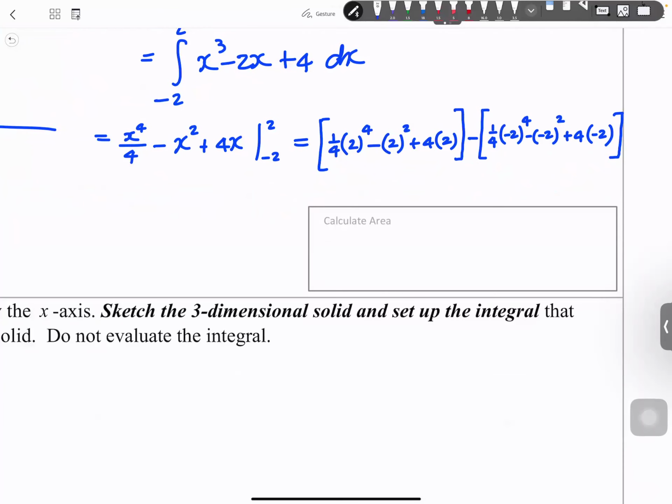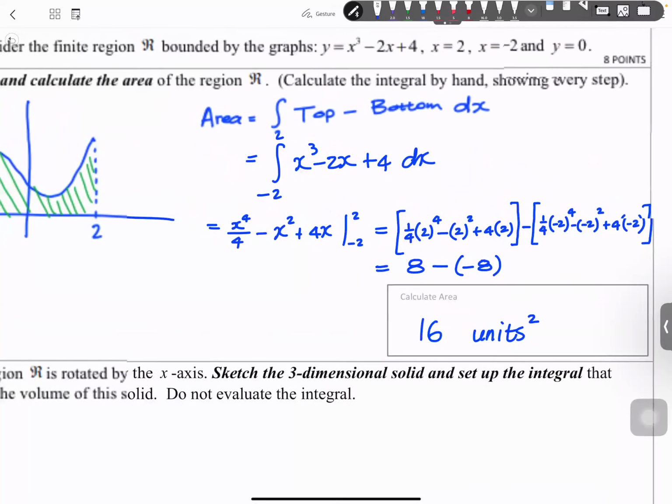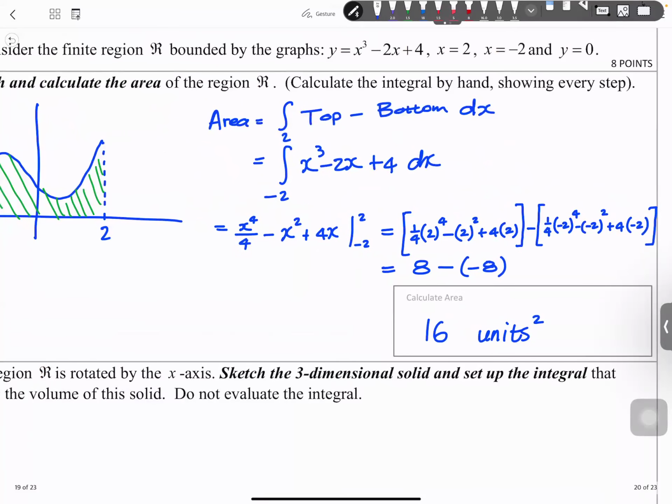I think that this qualifies as showing your work. At this point, put it on your calculator. I get 8 minus -8, so I get a value here of 16. And if you want to, go ahead and put in units squared, just to show that you understand that you just calculated an area.